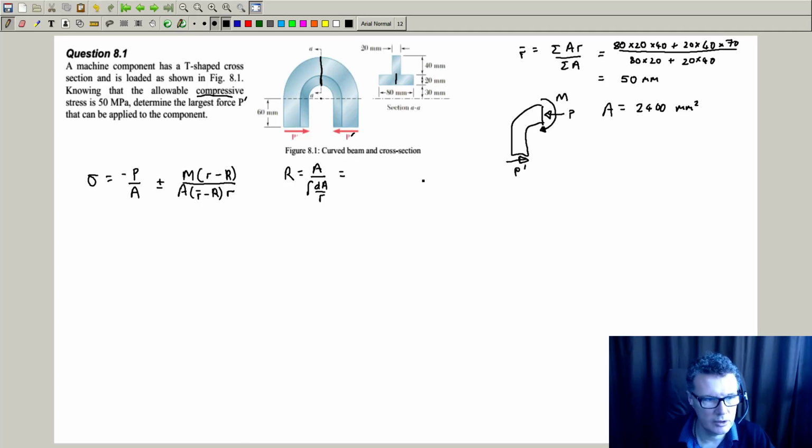Or you could look it up in a book. Since we're not actually told the values, let's do it the long way.